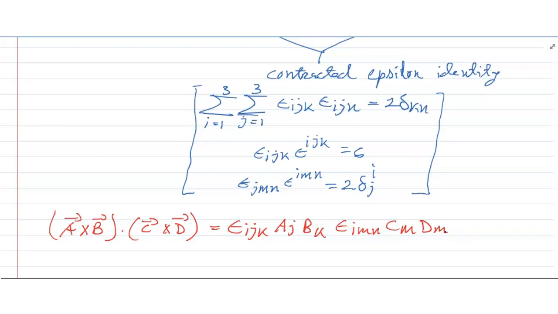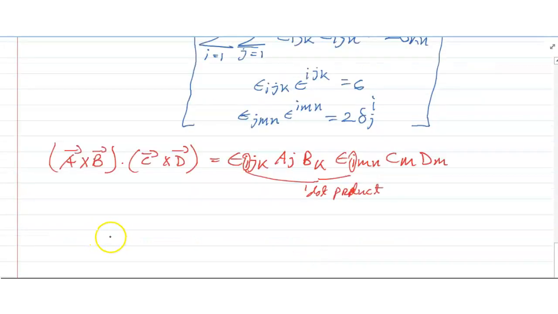The first three terms are the i-th component of A cross B, and the last three terms are the i-th component of C cross D, and i here is contracted. So the sum over i gives us the dot product.